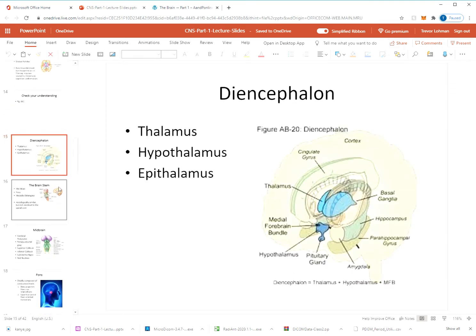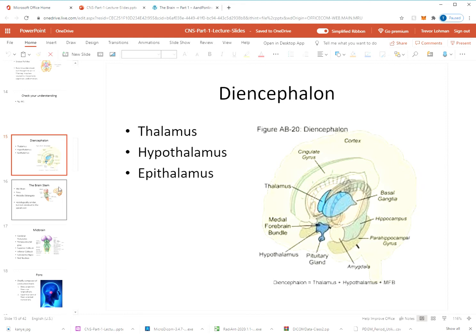Okay, so we've talked a bit about the diencephalon in lab, but the diencephalon is made up of the thalamus, hypothalamus, and epithalamus. The thalamus, we're going to actually look at somewhat in depth next week. The easiest way to describe the thalamus, it's a bit superficial, but I would call it a sensory relay center.